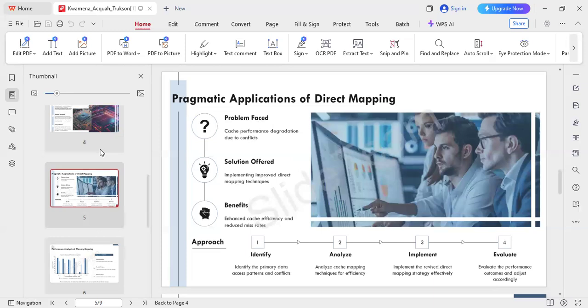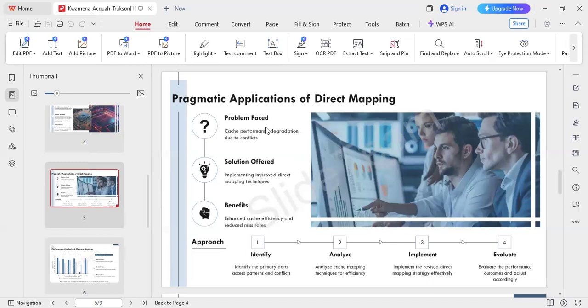How can you improve on it? What's the solution to it? That's by improving direct mapping techniques. And if you do that, your outcome is better cache efficiency and fewer misses.